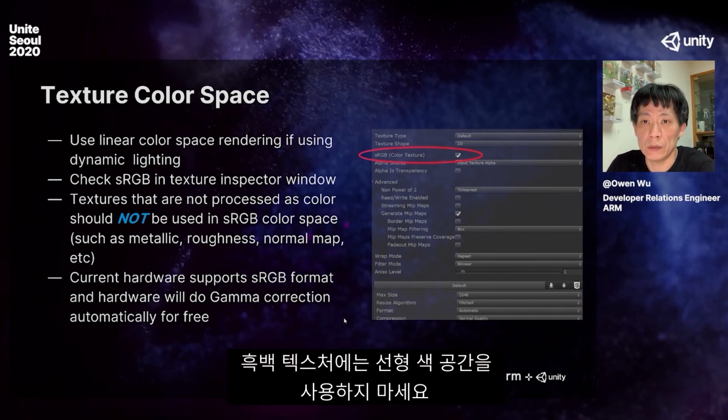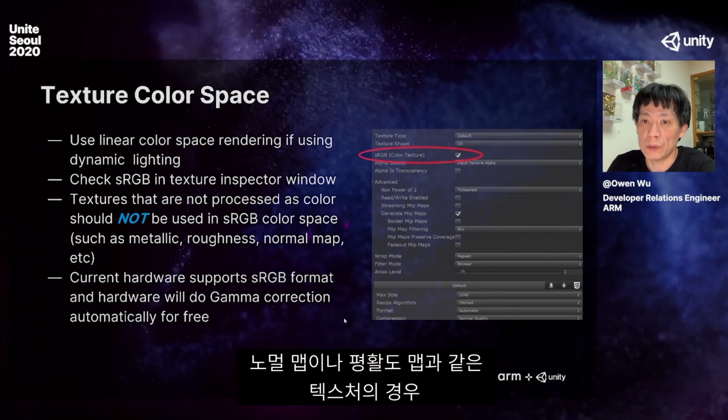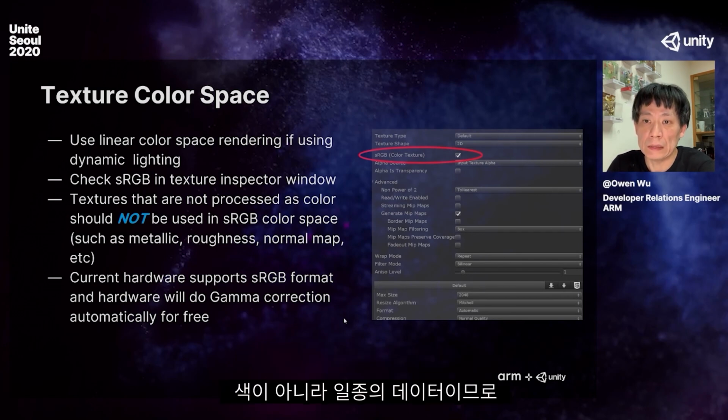But non-color textures should not use linear color space, because linear color space is only used for color textures. Textures like a normal map or smoothness map are a kind of data, not color.